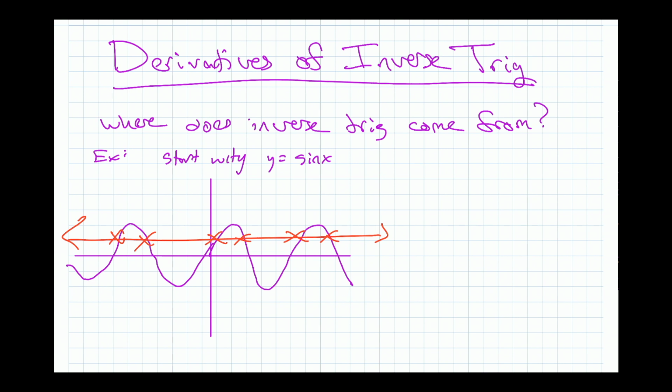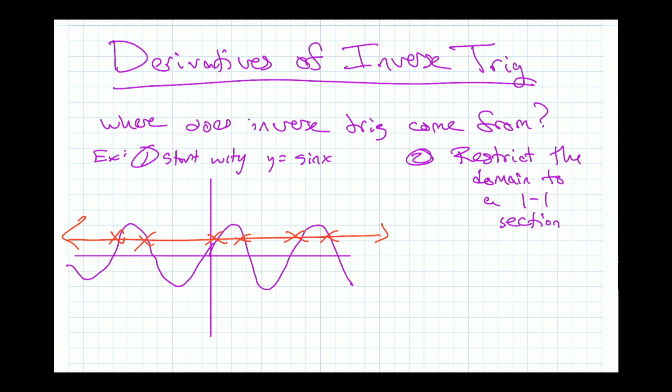So to get an inverse, you need to restrict the domain. So you restrict the domain to a 1-to-1 section. I wrote 1-1, but that's the usual abbreviation for 1-to-1.